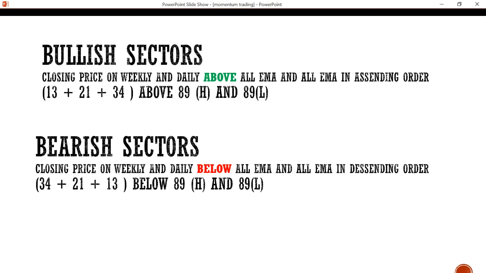And the other way, the price closing below the channel of 89 high and low, and the exponential moving averages in the opposite hierarchy, that is 34 is above 21, 21 is above 13, and all these three moving averages are below the channel.